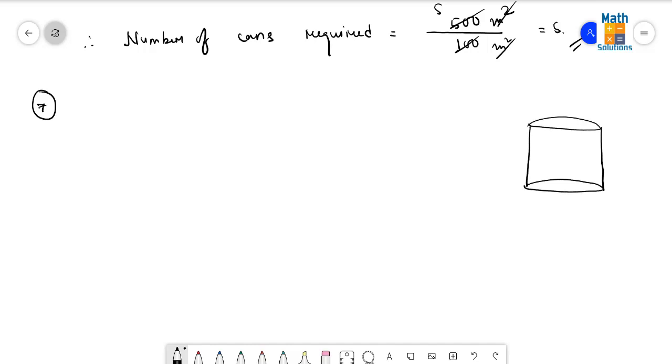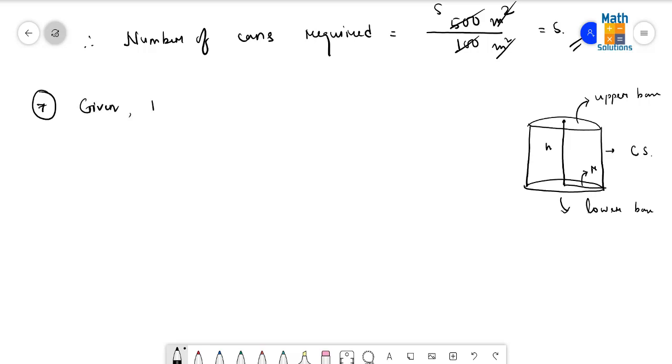This is the upper circular base, lower base, both are circular, and this is the curved surface. Radius is this part, and this part is called height, from the center of the upper surface to the center of the lower circle.